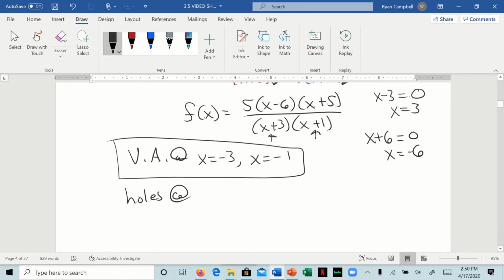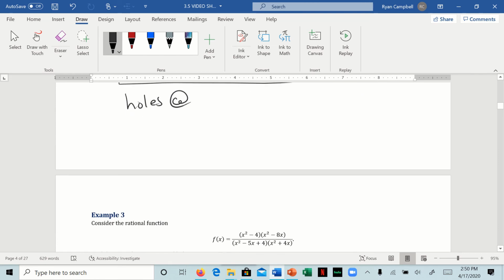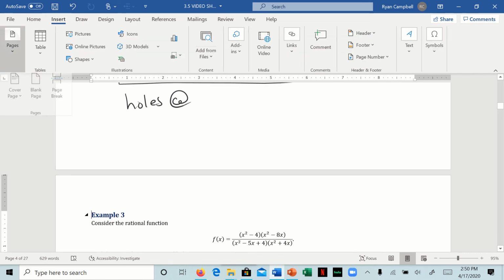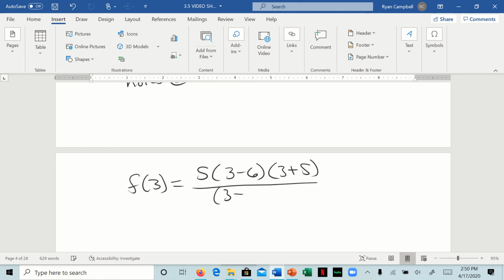To figure out what the y value of the hole is, we just plug these values into our simplified equation. So f of 3 is going to be 5 times 3 minus 6 times 3 plus 5 over 3 plus 3 times 3 plus 1.